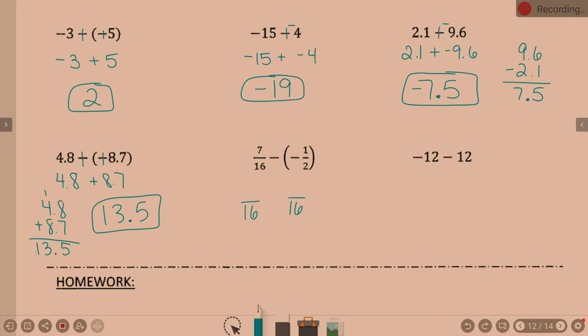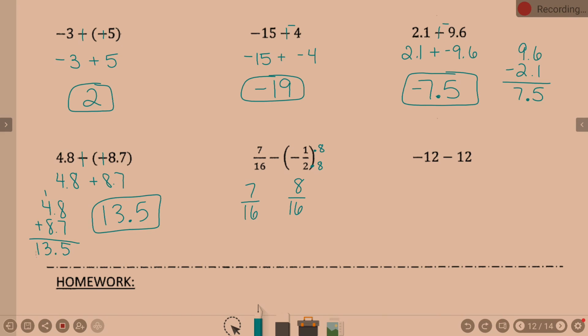7 over 16? That's already 16, so I'm just going to say 7 over 16. What about this 1/2? 2 times what is 16? 2 times 8. So on top, 1 times 8 is 8. Now, are we going to be adding or subtracting here?